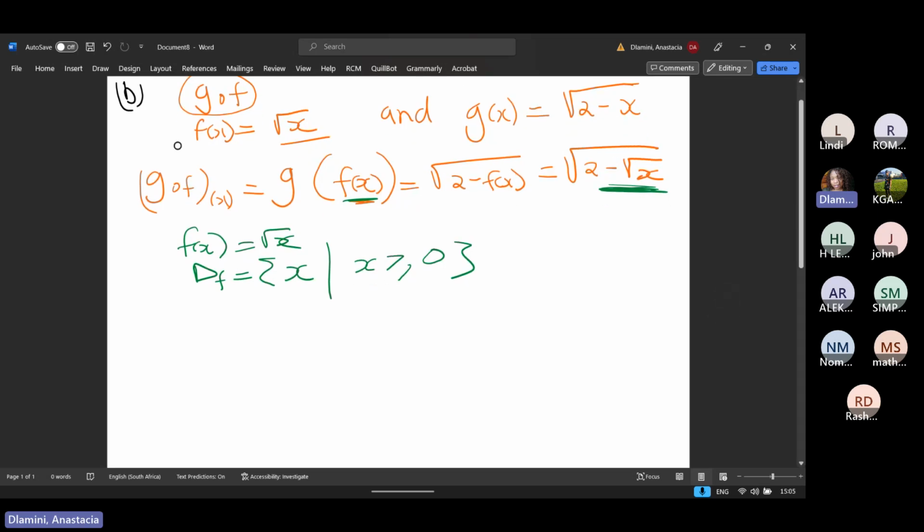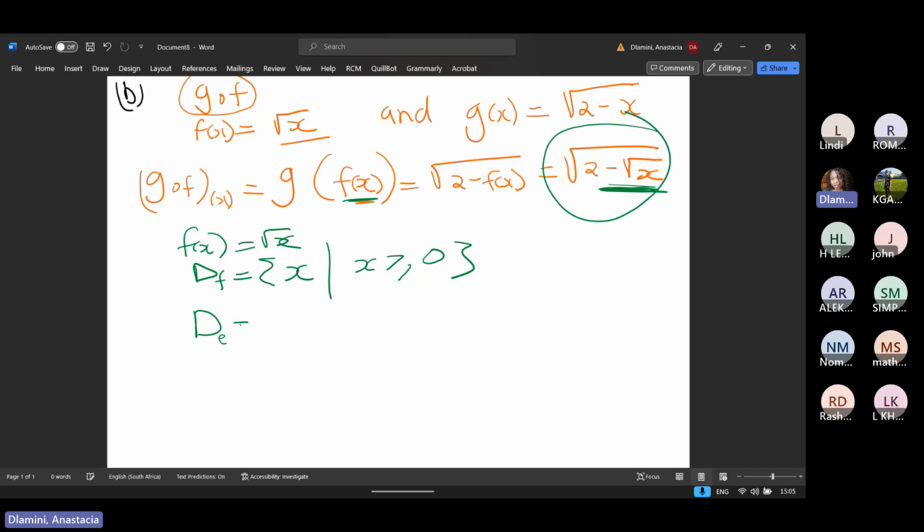Okay. Now the domain of the expression, we said we'll call it the domain of the expression of the composite function. Can someone help me? Remember the interval. Now I'm not going to ask the interval notation. I'm sure we all know how to do the interval notation. So it will be 0 and positive infinity. That's the interval notation. The set notation is this one. So let's start with the set notation.